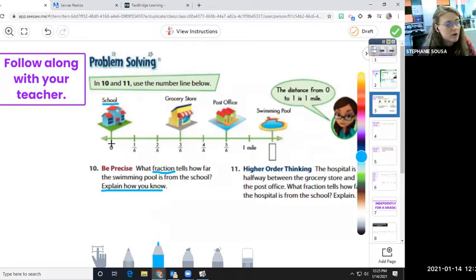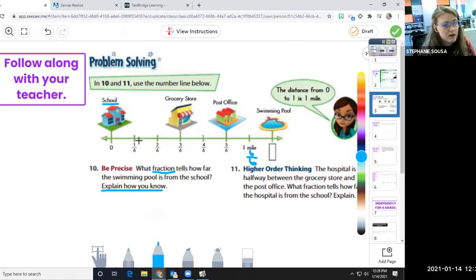We have 0, 1-6, 2-6, 3-6, 4-6, 5-6. 1 whole is the same thing as 6-6. Let's write that. 6-6. We've just gone in order. 1-6, 2-6, 3-6, 4-6, 5-6, and here's 1 whole, which is the same as 6-6.